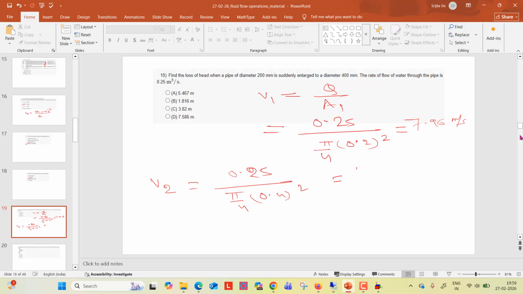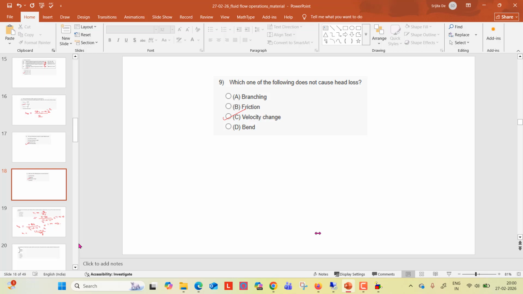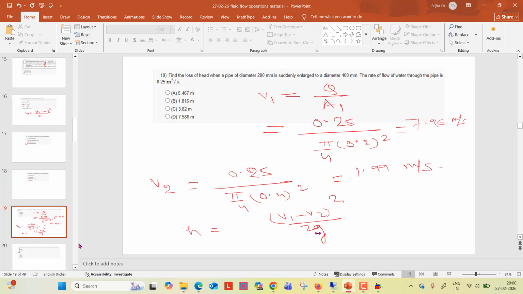1.99 meter per second. And now in case of sudden enlargement, we have seen the head loss. Head loss is (V1 minus V2) square by 2g. We have seen in the earlier case, right here. So in the expression, if you put the values, what will come?